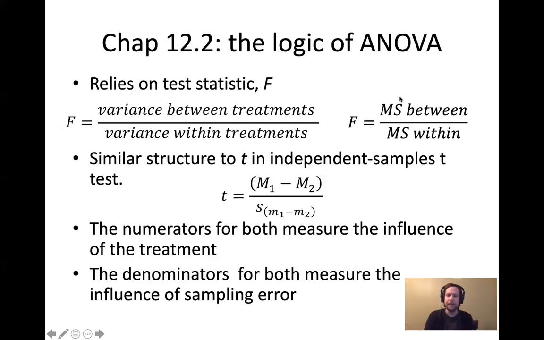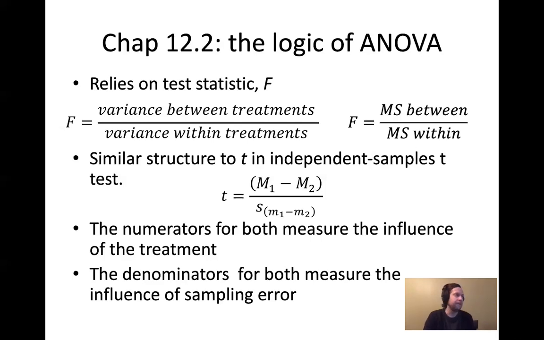The first really important conceptual thing here is that if you look at the F, it's conceptually very similar to T. So this is the independent samples T that we've been dealing with recently. Remember, in the independent samples T, we're comparing the means of two different conditions. The numerator of T is M1 minus M2.